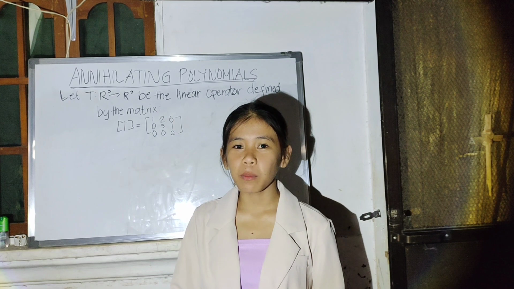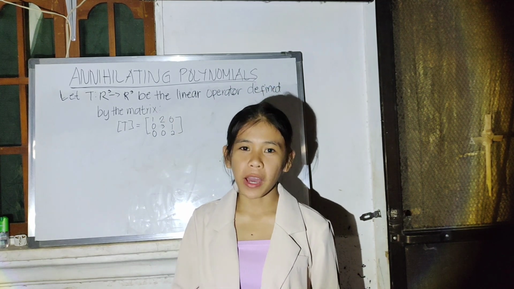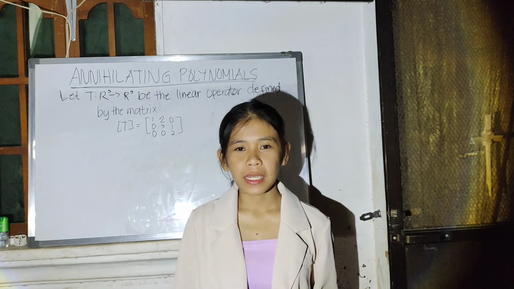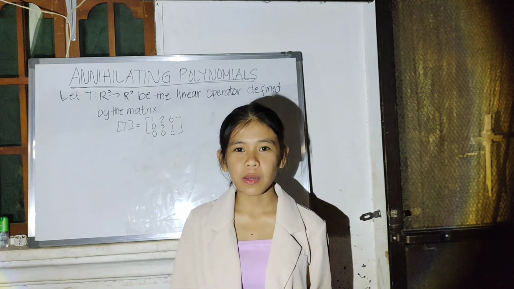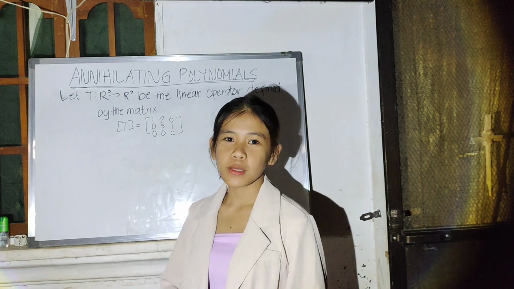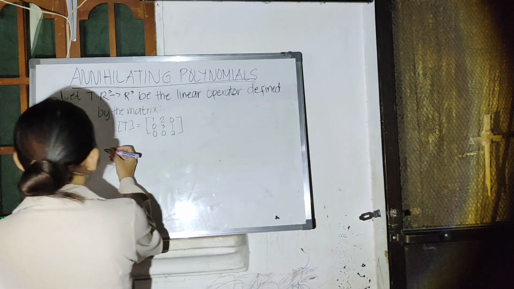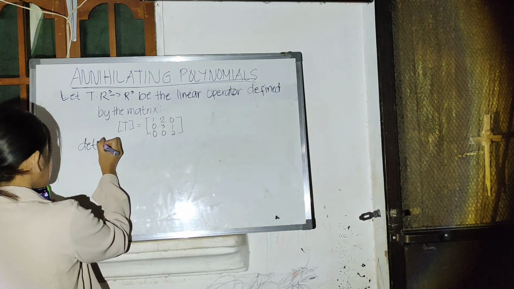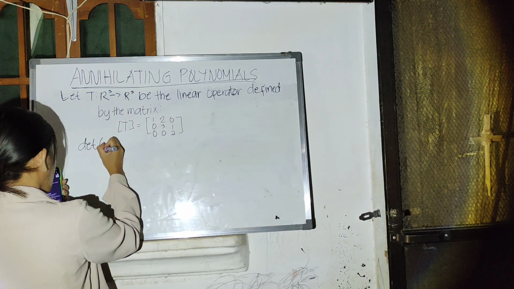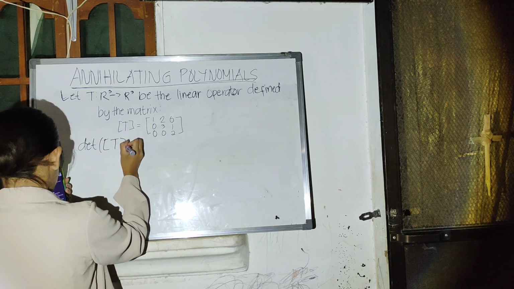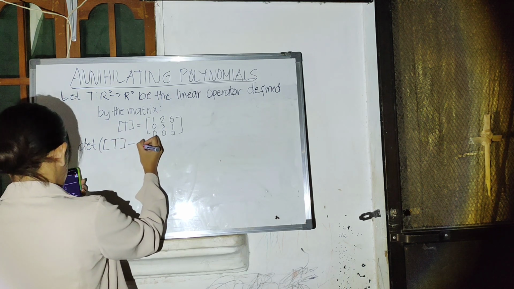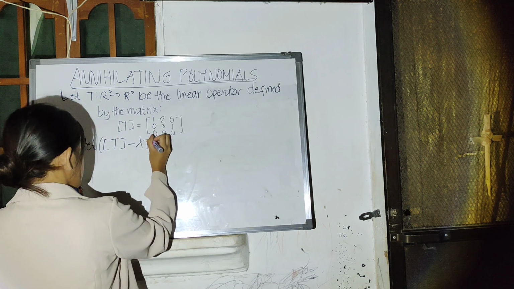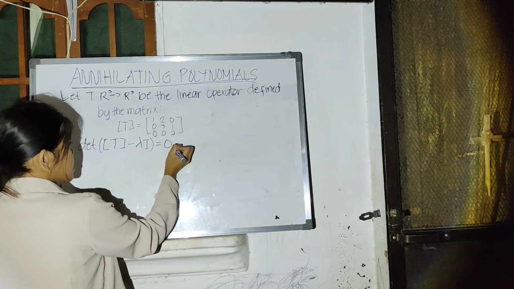In annihilating polynomials, you need to find the characteristic and minimal polynomials. In calculating the characteristic polynomial, we are going to calculate the determinant of T minus lambda I, which is equal to 0.